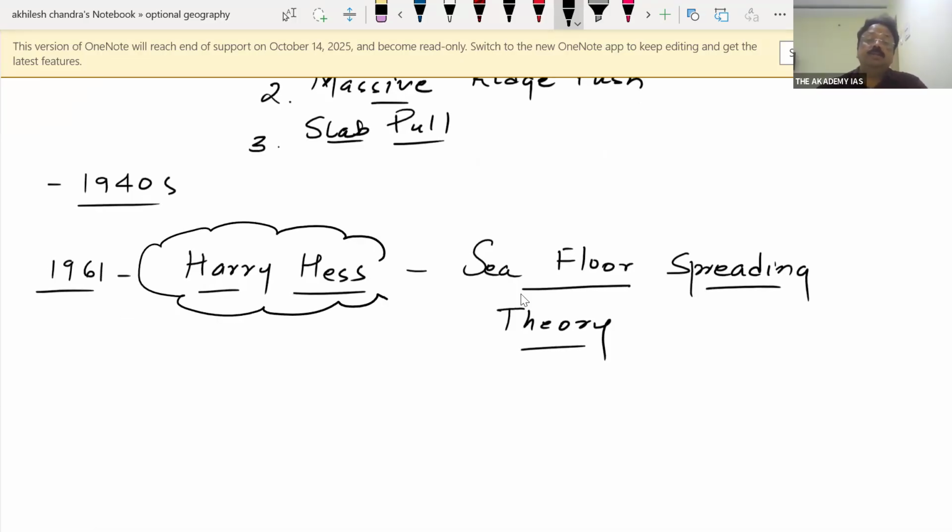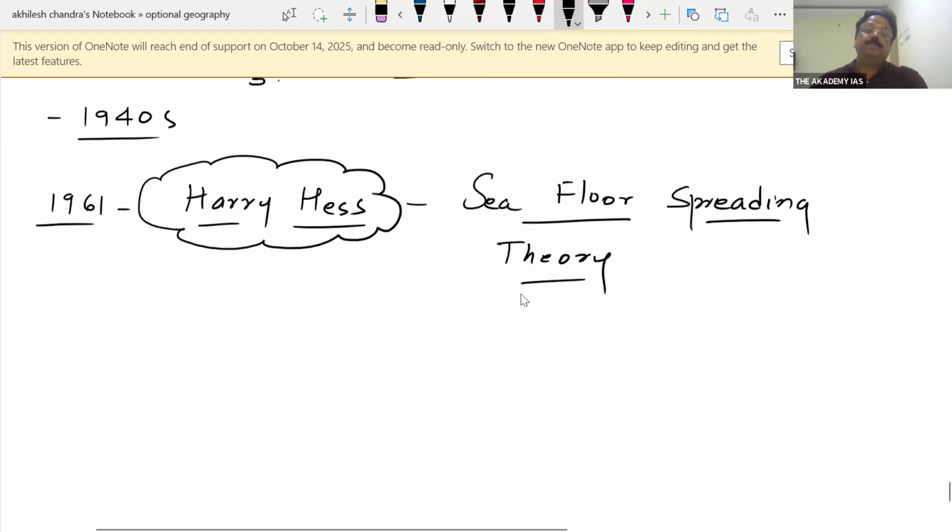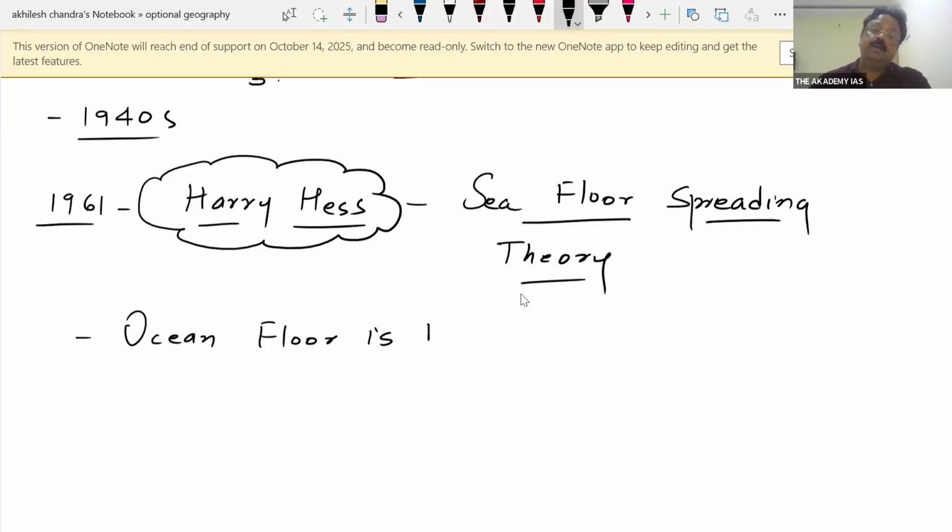Harry Hess propounded this seafloor spreading theory. According to this theory, the ocean floor is dynamic.